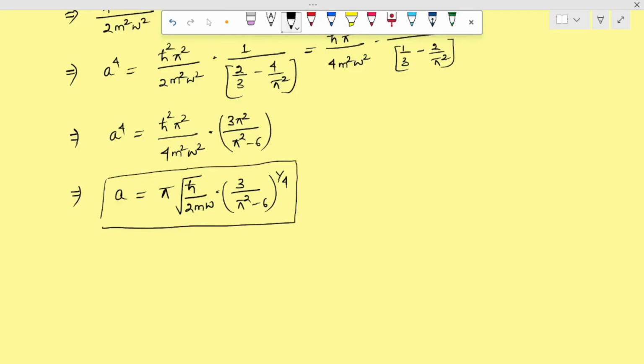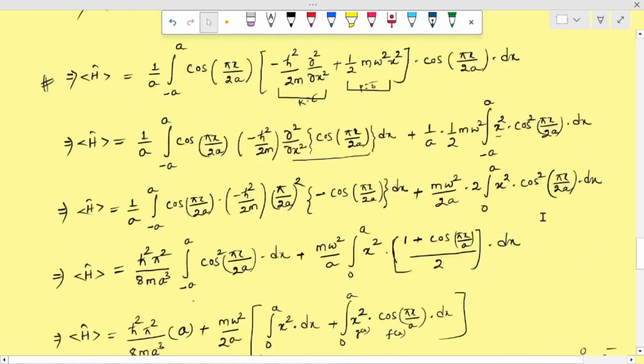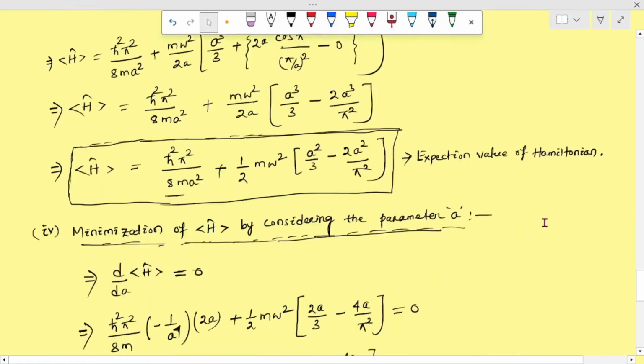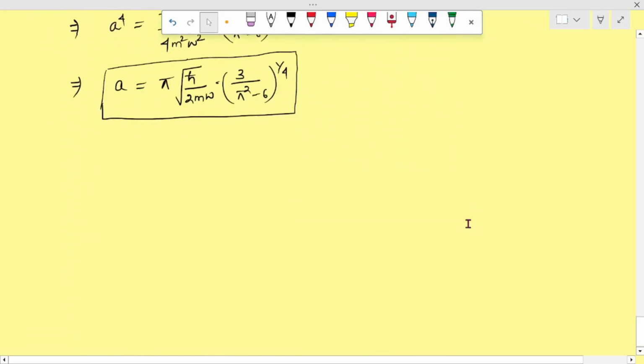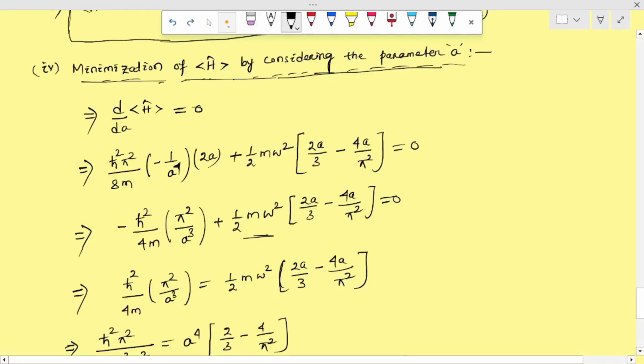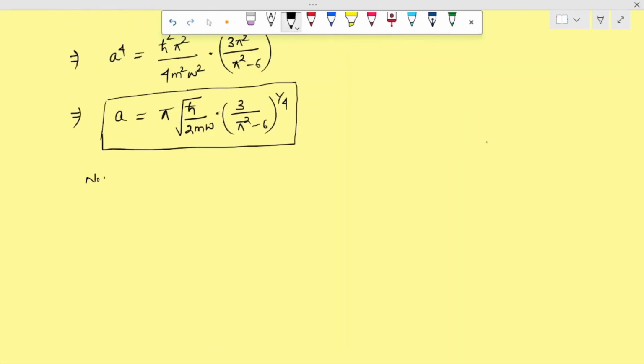Now substitute this a value in equation number 1 and whatever we get will be your ground state energy value.